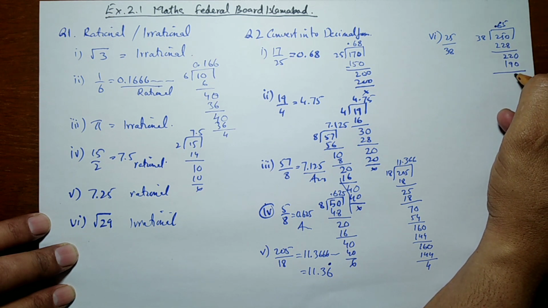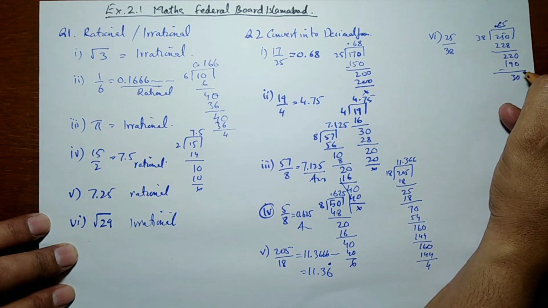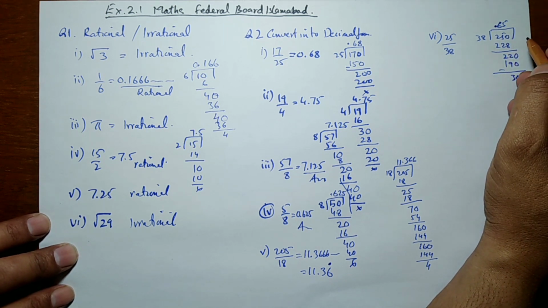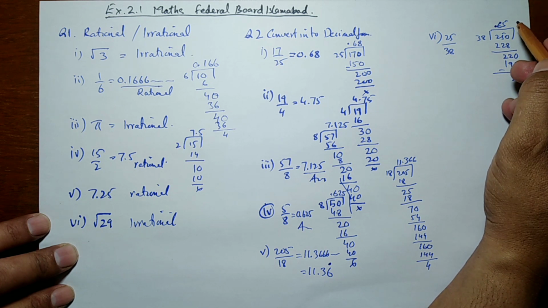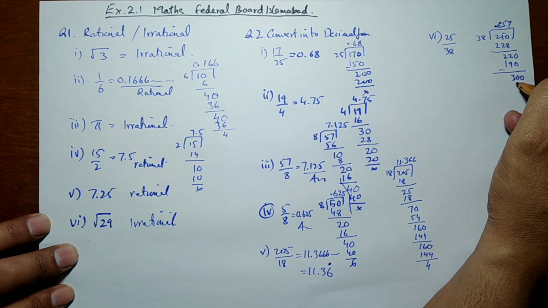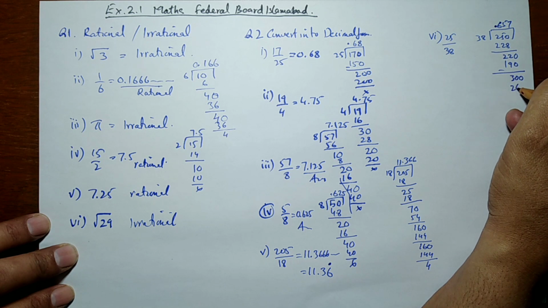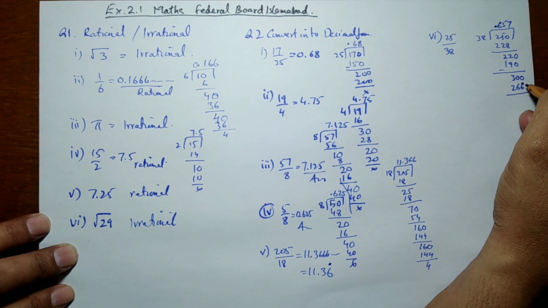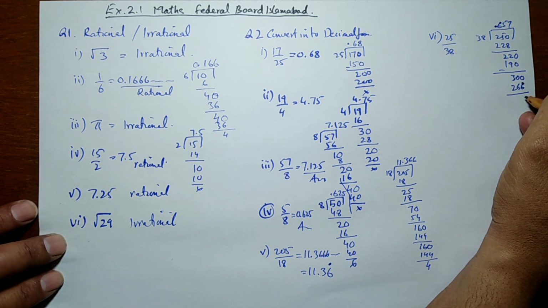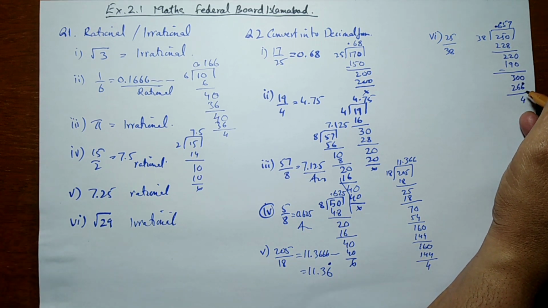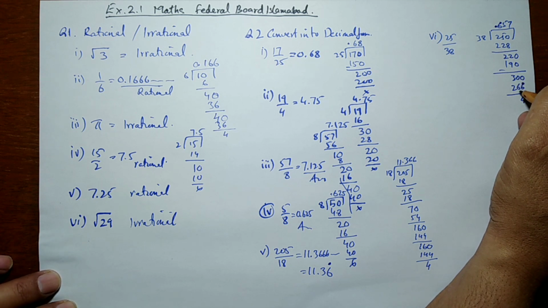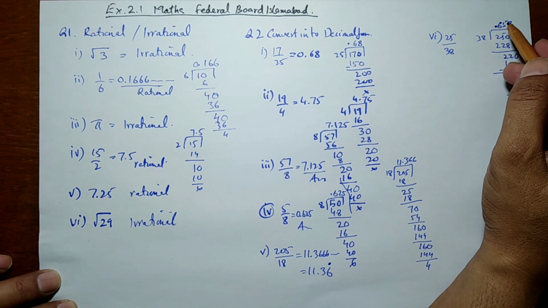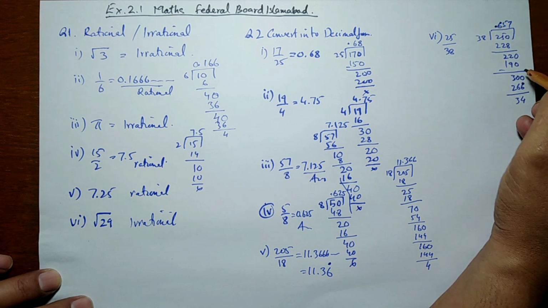And subtracting, that is 30. We introduce 0. 38 7s are 266. Again subtracting, that is 4 here, and we have 34, and you can see the number doesn't give any indication of repetition.